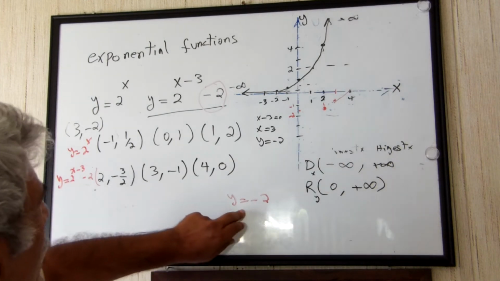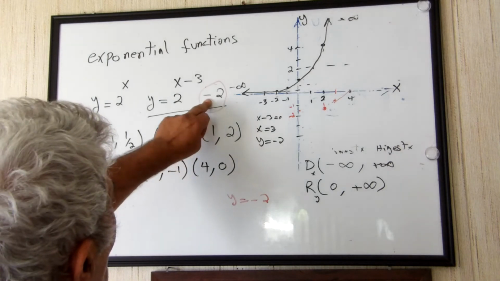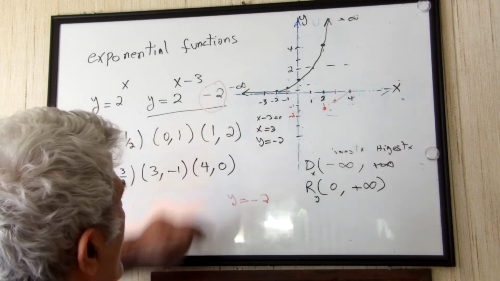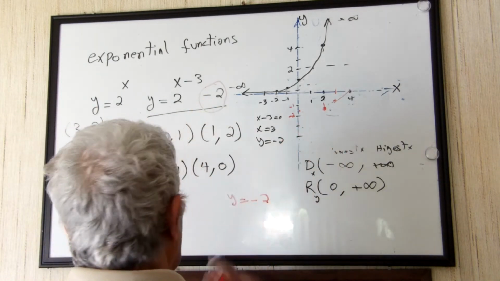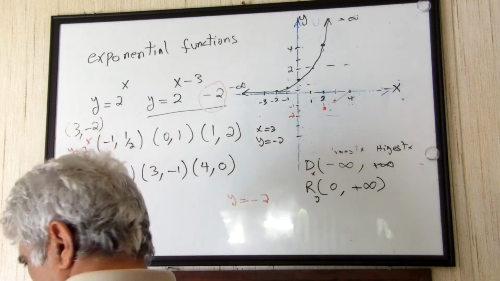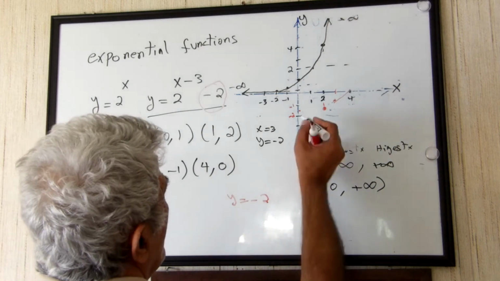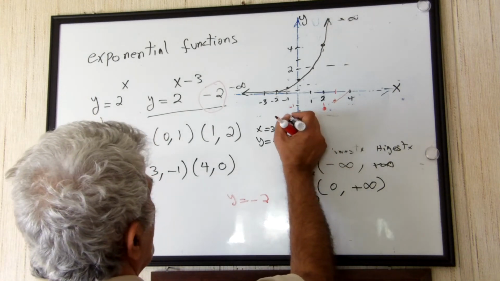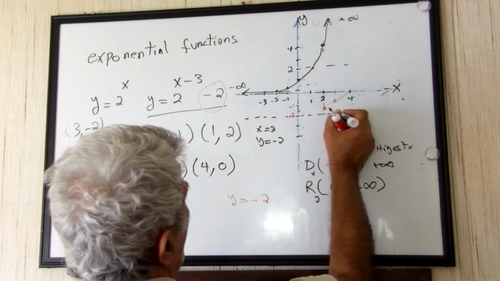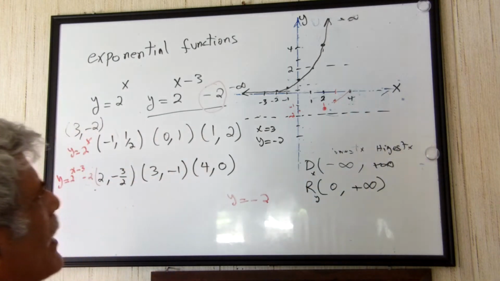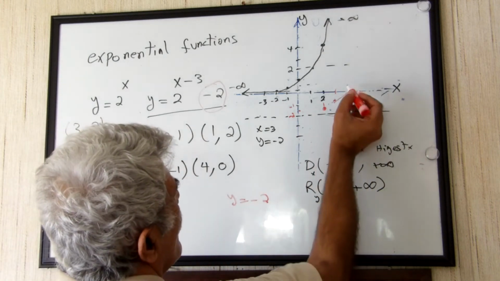This is going to be the horizontal asymptote, y is equal to minus 2, and this is going to go this way.